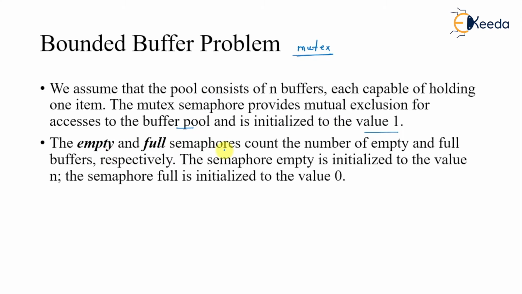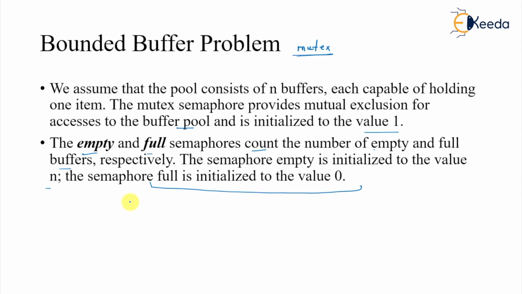Empty and full are semaphores that count the number of empty and full buffers. Semaphore empty is initialized to the value n, and semaphore full is initialized to the value 0.